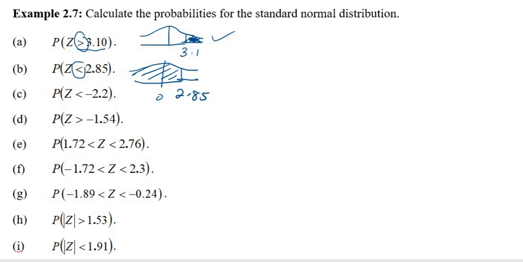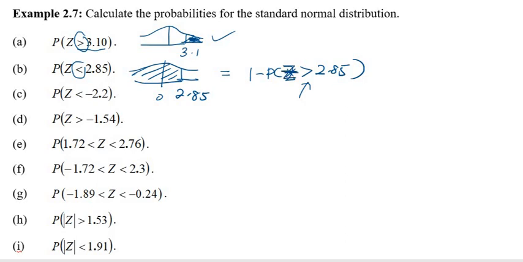We need to do just like the previous example: 1 minus the probability of Z greater than 2.85. This one we have the value in the table. So before you use the table, make sure that the sign is greater than and the Z value is positive.